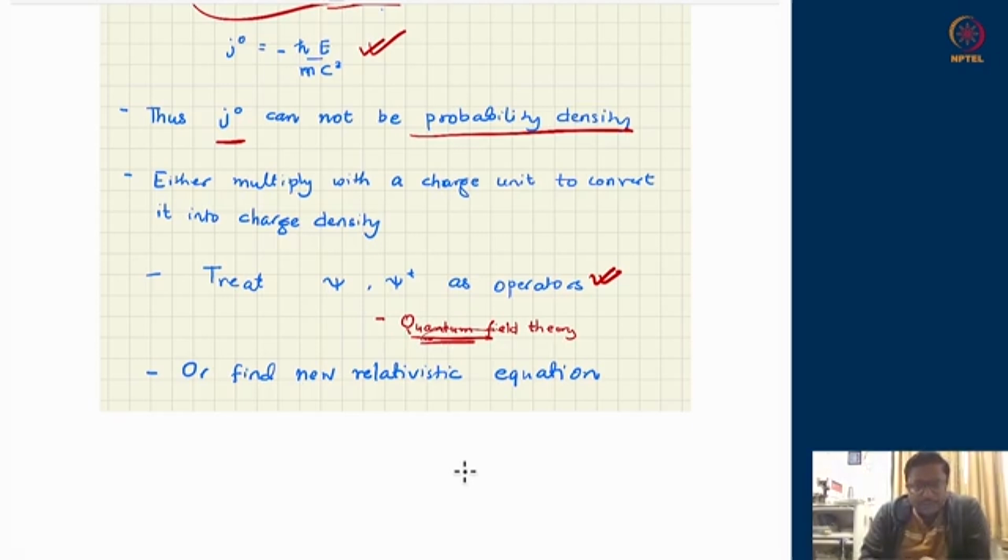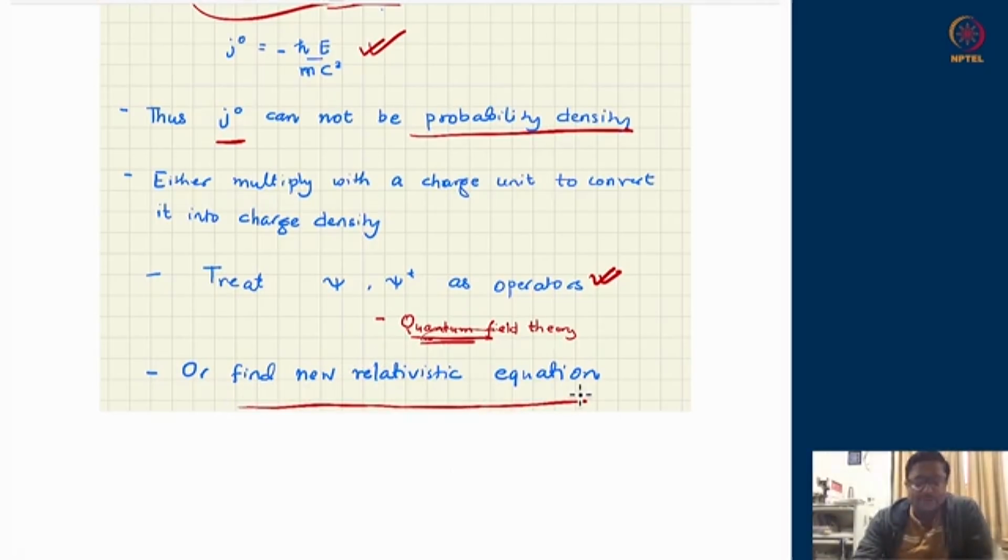But this is one proposal, that there is no good replacement of probability density at the Klein-Gordon level. I should not use the J0, which is obtained by the continuity equation, as a probability, but rather think carefully whether it should be some charge density, or maybe it is an operator in quantum field theory, or maybe we can try to replace the Klein-Gordon equation with a better relativistic equation.